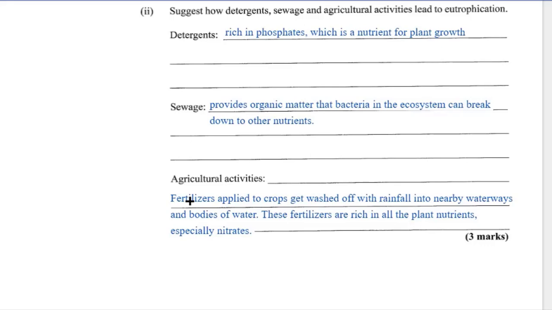We know what the organic matter is, right? And the bacteria in the ecosystem breaks those down to further nutrients. And we have fertilizers, which are nutrient heavy, right? You have all the various nutrients that are ideal for plant growth, especially nitrates, and that also can run off into nearby water bodies with rainfall.